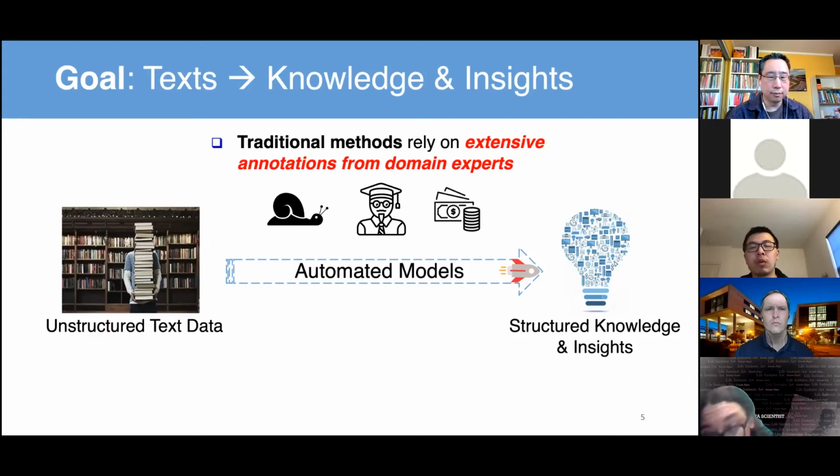For example, if you want to annotate business reports, then very likely you need to hire some MBA people, who can read the reports and do some annotation. So it could be more expensive than the general annotation you can get from Mechanical Turk from Amazon.